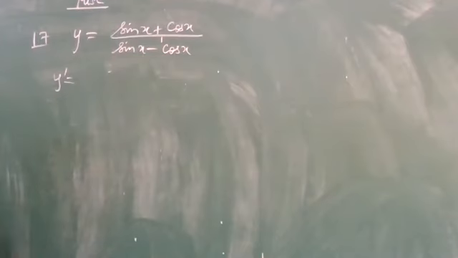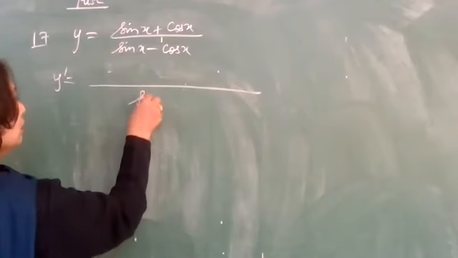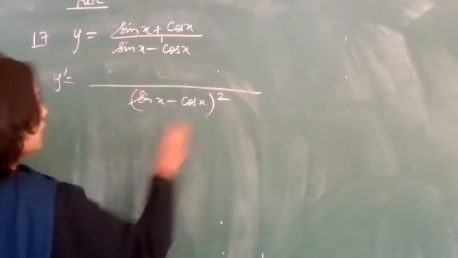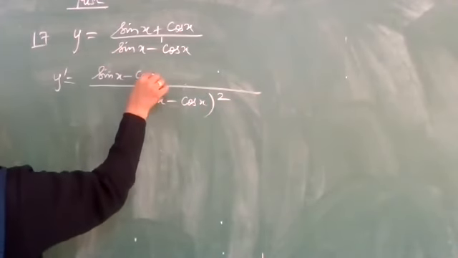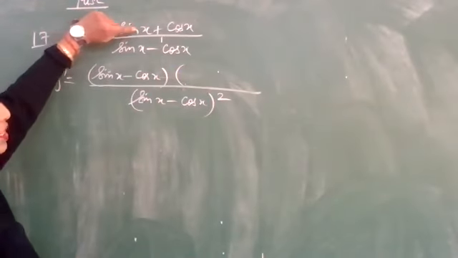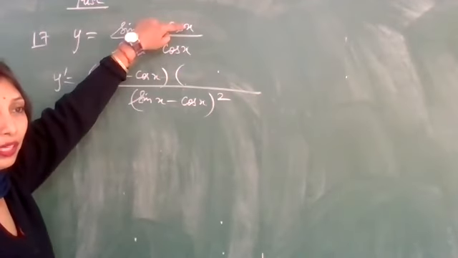So we can apply the quotient rule, right? In the quotient rule, the square of the denominator, sin x minus cos x whole square. Denominator as it is, derivative of numerator. Now we are doing the derivative. Since it is addition of two functions, we can take the derivative separately.